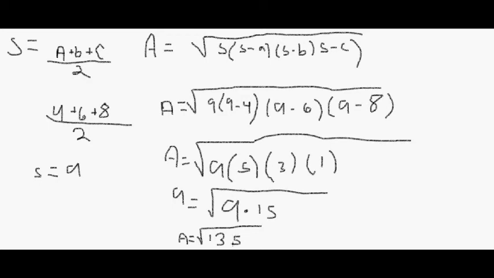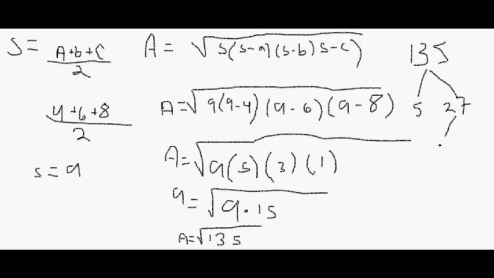Alright? Let's see if we can simplify the square root of 135. No, we can't take a perfect square out directly, but let's see what numbers factor out of 135. 135 divided by 5 is 27, so we're left with 5 and 27.